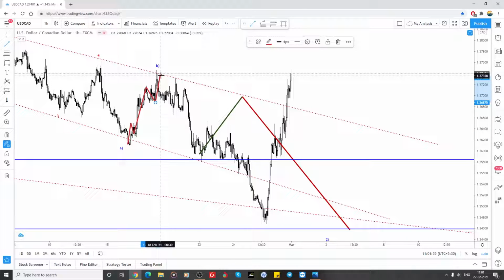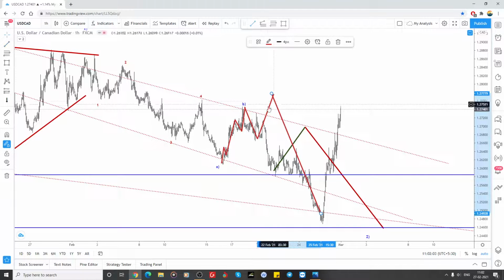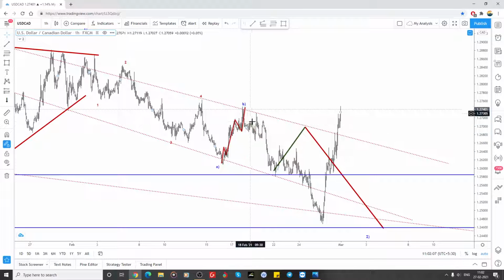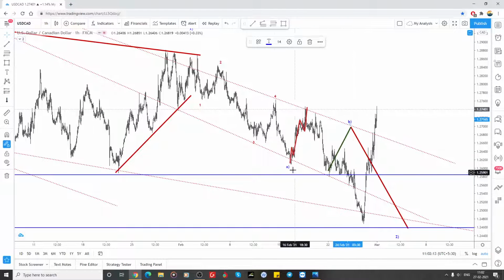And last week I said it can be like this, and then it has to come down, but it didn't do anything. It clearly came down and it already broke. So after that also I expected this one. This could be a 5-wave structure.